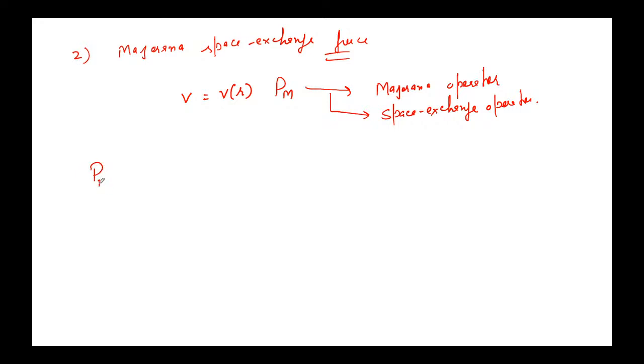What he said is that when we apply the operator to a wave function, this is the total wave function, we can write. This is the position of the first coordinate, this is the position of the second coordinate. After the operation, there is an exchange in position between these two nucleons.